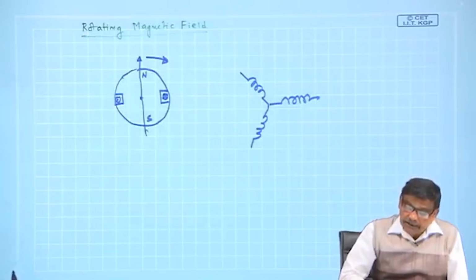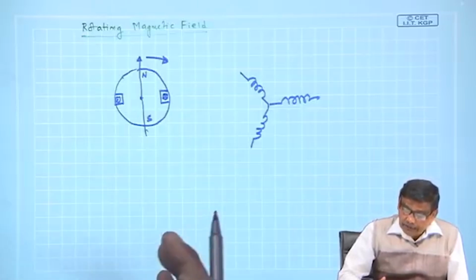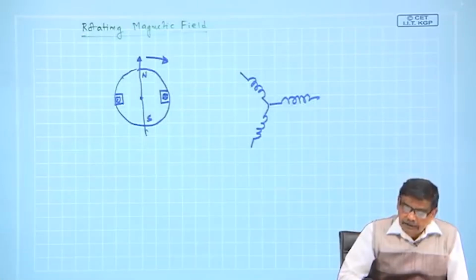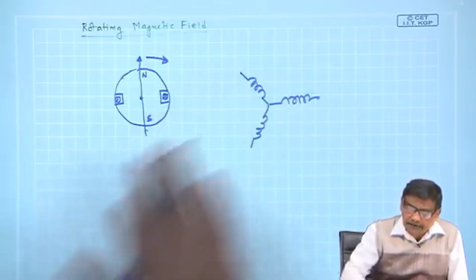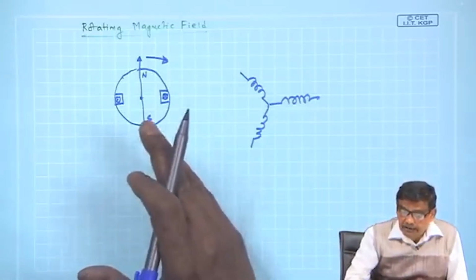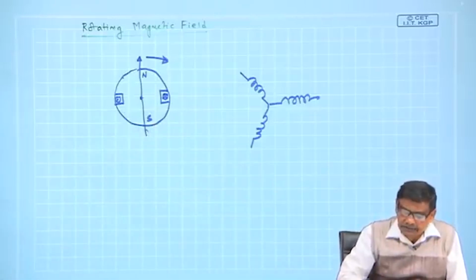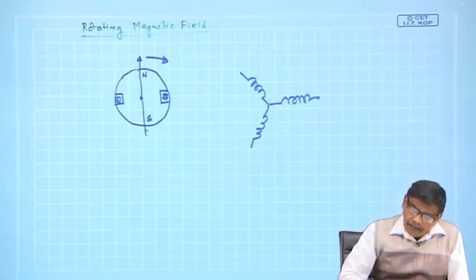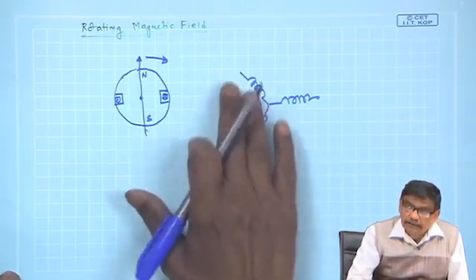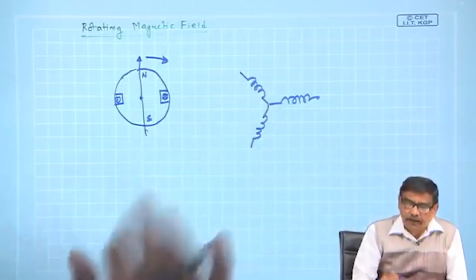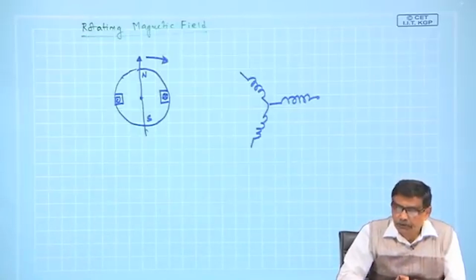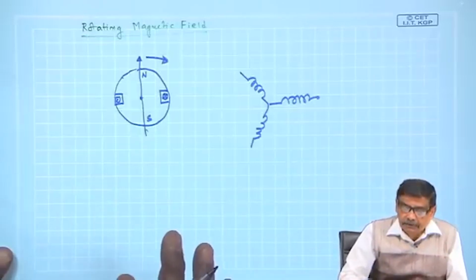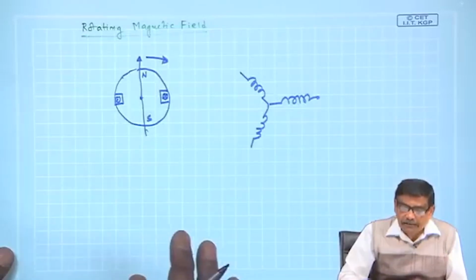He demanded that if a balanced polyphase winding is made, mind you, 3 phase is a polyphase winding, and if you have a balanced polyphase supply, 3 phase suppose, and you excite, and these coils are stationary on these slots, you do not move anything, you do not ask for any prime mover or things like that.